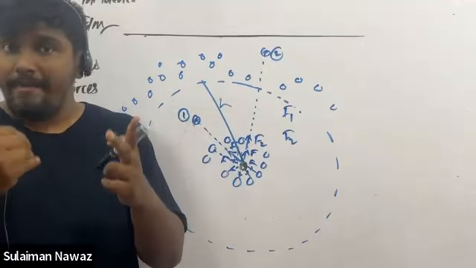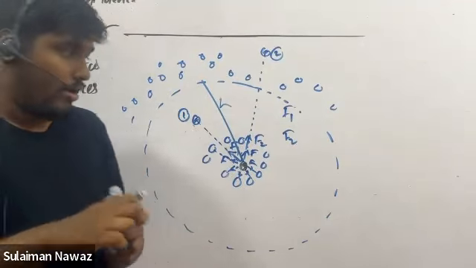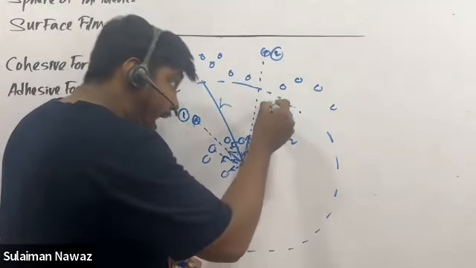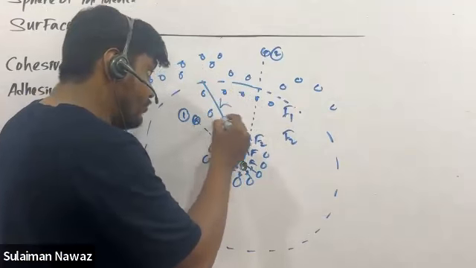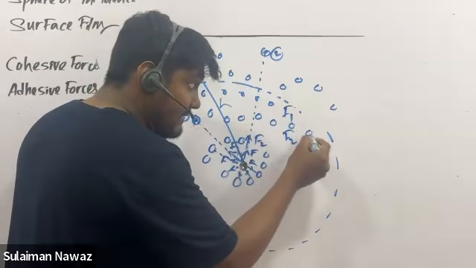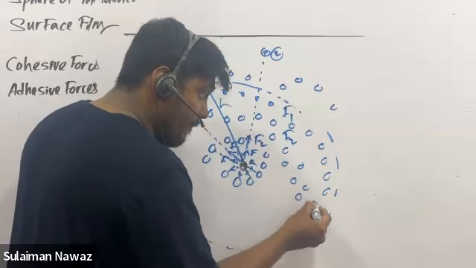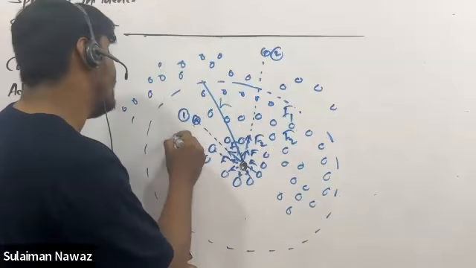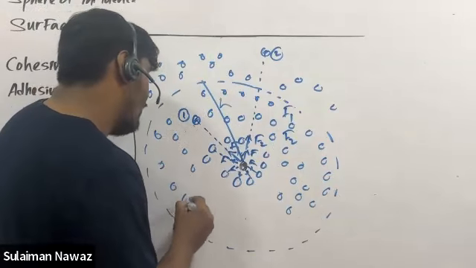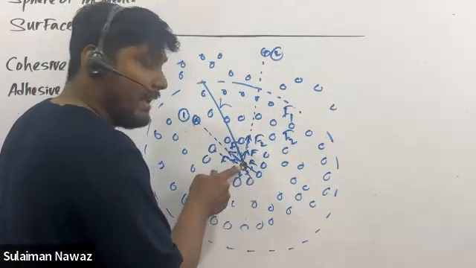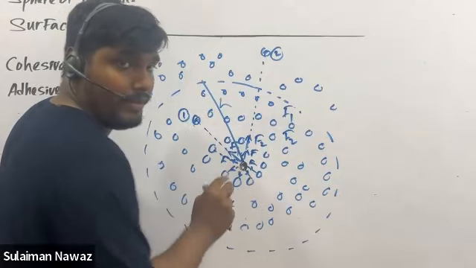Then who is going to make a big impact? The particles inside the boundary. The forces produced by the particles inside the boundary can impact this black color particle, right?